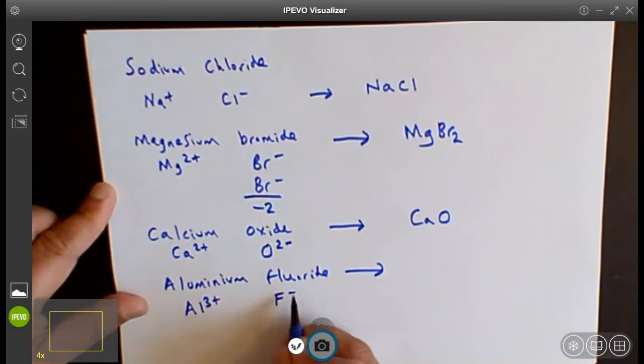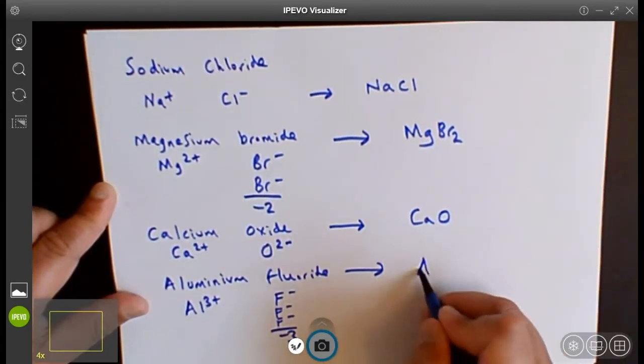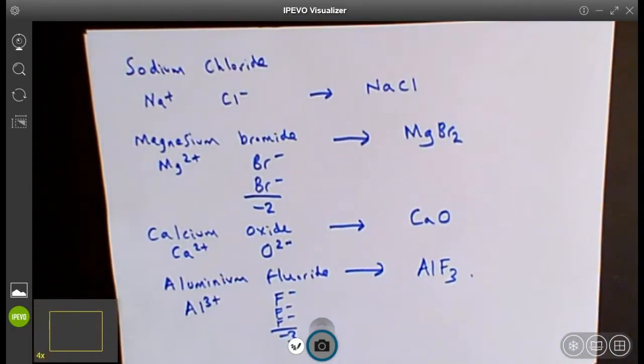But how many of the F- do I need to balance that 3+ charge? I need to have 1, 2, 3. So now I've got -3 there. So now what we've got then is, for every 1 aluminium, we need 3 of the fluorides, so it's AlF3. There you go.